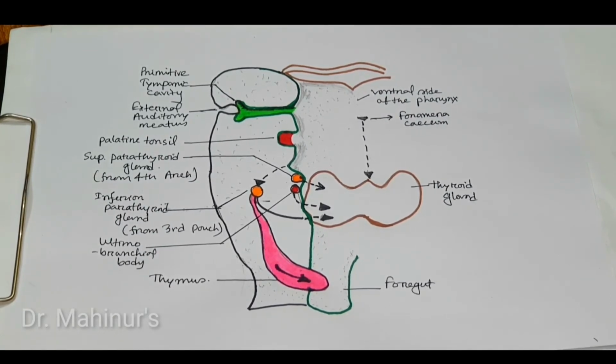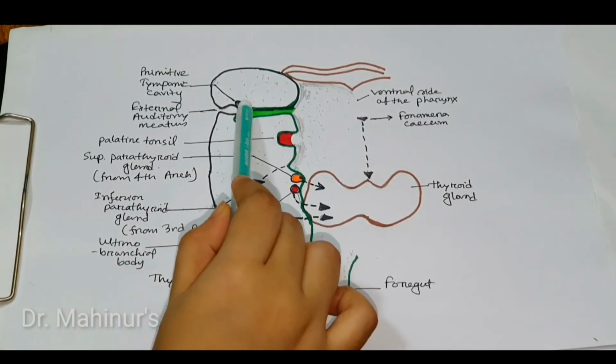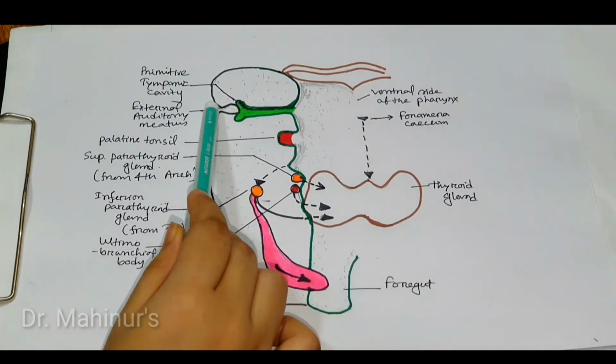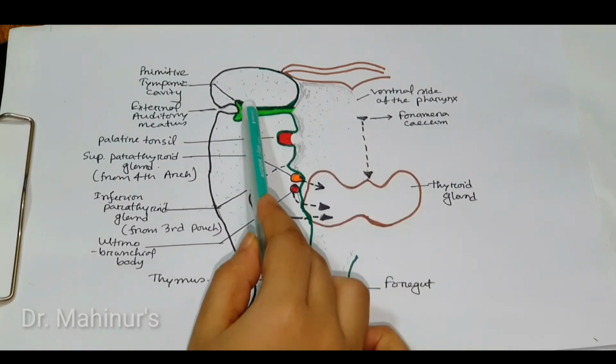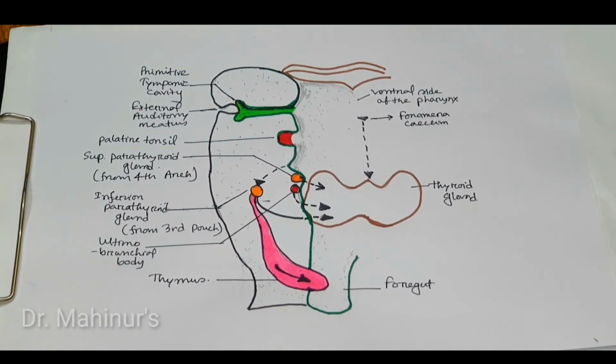As we discussed earlier, the first pharyngeal pouch forms a stalk-like diverticulum, the tubotympanic recess, which comes in contact with the epithelial lining of the first pharyngeal cleft, which is the future external auditory meatus. The distal portion of the diverticulum widens into a sac-like structure, the primitive tympanic or middle ear cavity. The proximal part remains narrow and forms the auditory tube.